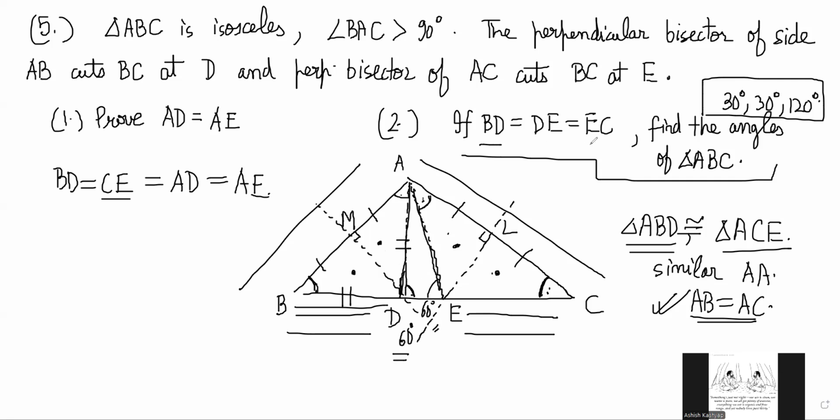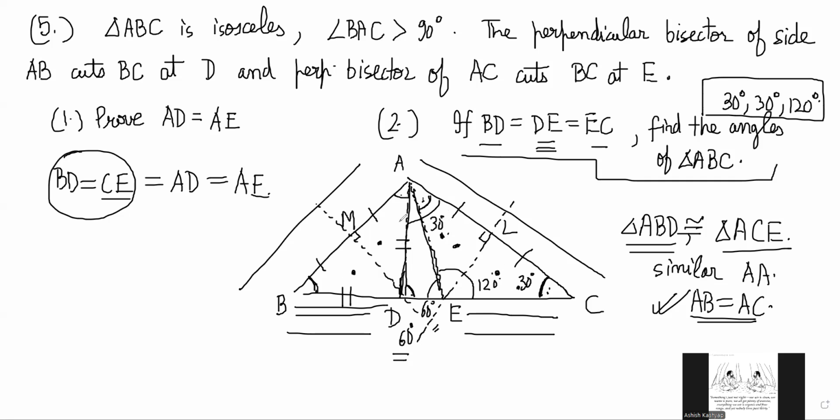We already know BD and CE are the same. If it is also equal to DE, then all three sides in this triangle are equal, which means it is equilateral. So it is 60, 60, 60. Then this angle is 120, and this triangle was isosceles, so the remaining angles have to be 30 and 30.